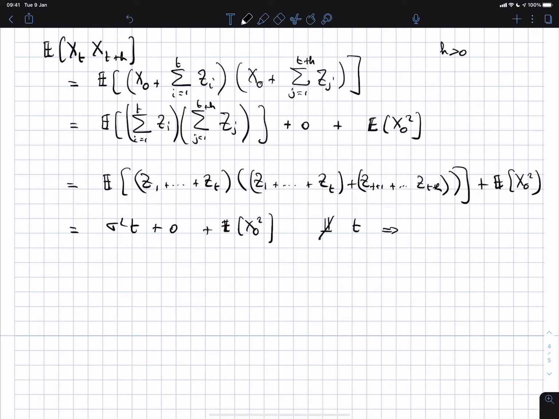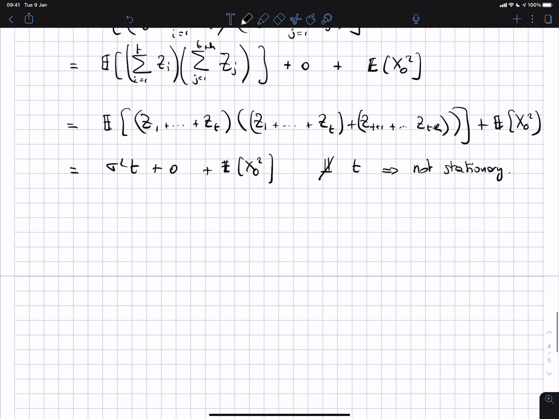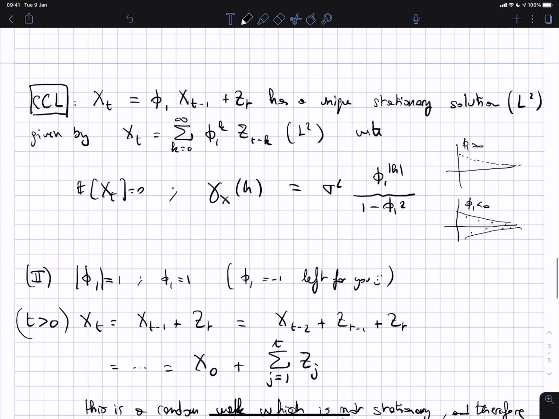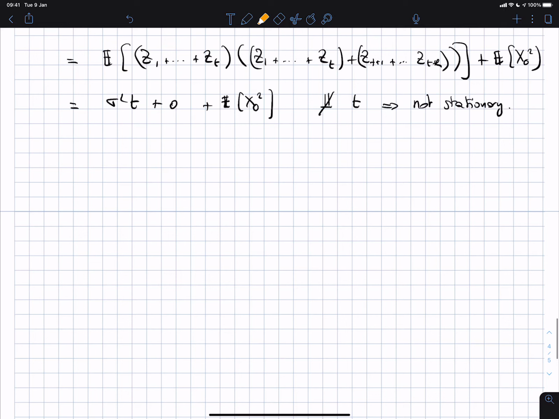So it's not stationary. Okay with this? So that's the case phi 1 is equal to 1. And I'm wondering if any of you tried it. No, not yet. We're not there yet.